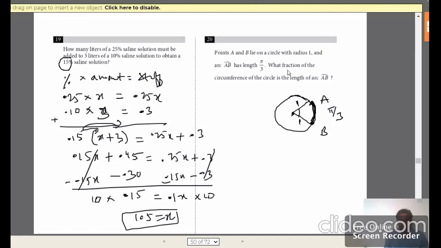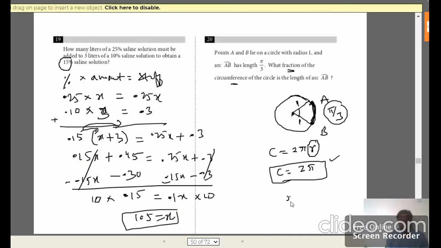What we need to work out is what fraction of the circumference of the circle is the length of arc AB. What fraction does it represent of the entire circumference? We know the circumference of a circle is given by the formula 2 pi r. Since the radius is 1, we get C equals 2 pi. Keeping this in mind, what fraction does the given length pi by 3 represent?